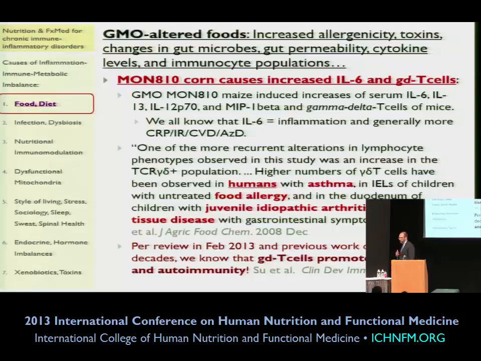So we're going to talk about various different immune phenotypes as we go through the course of mostly today. One of these cells responsible for the allergic and autoimmune phenotype that we see in our clinical practices is, people don't talk about it very much, but they're called gamma delta T cells. They correlate with autoimmunity and allergic disease like asthma.